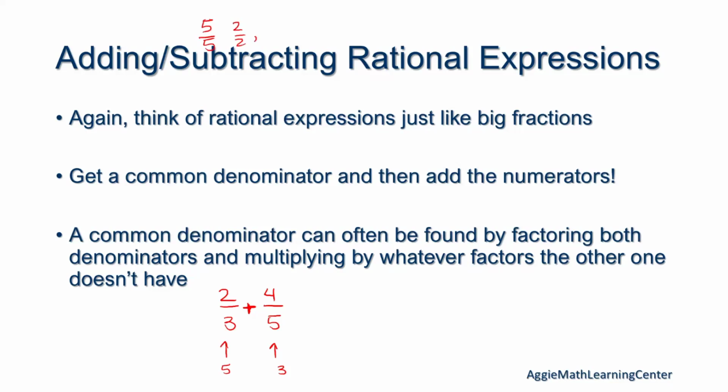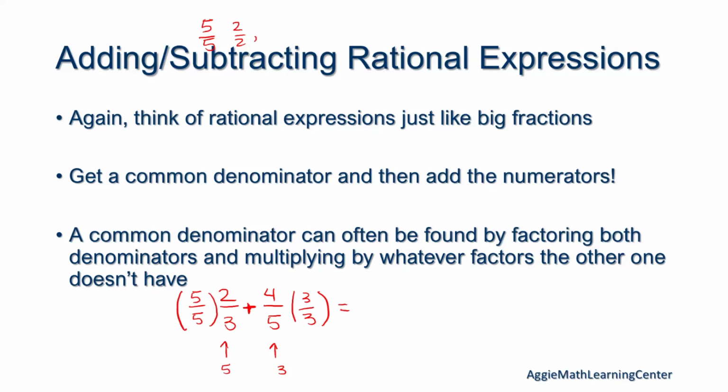So if I'm multiplying by 5 over 5, I'm technically keeping it the same. I'm not changing the actual expression at all. So if I multiply this side by 3 over 3, and this side by 5 over 5, I'm multiplying both by 1. It's still the same original equation, just changing the numbers a little bit.